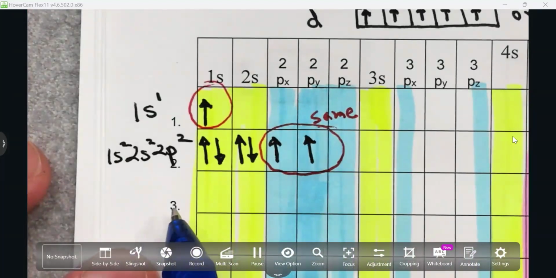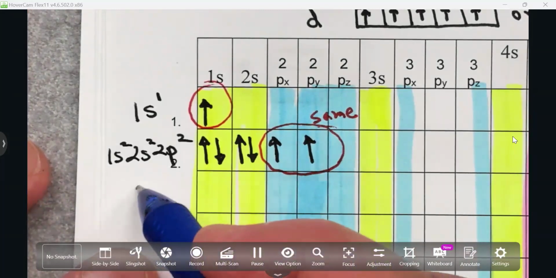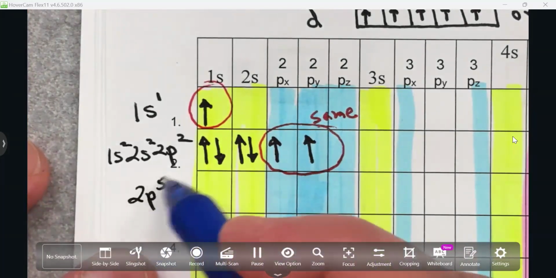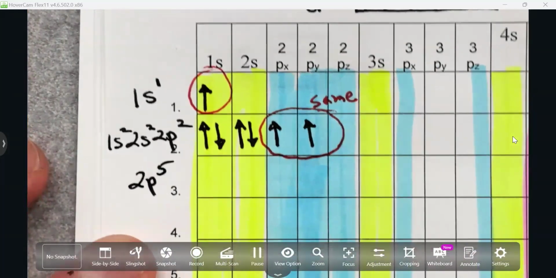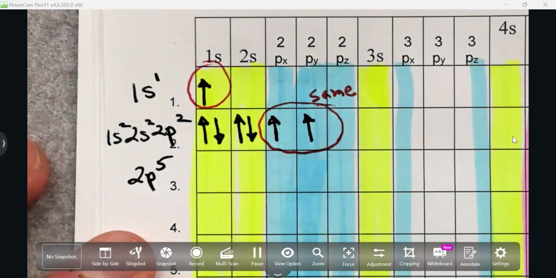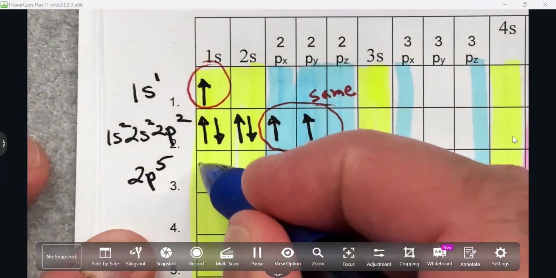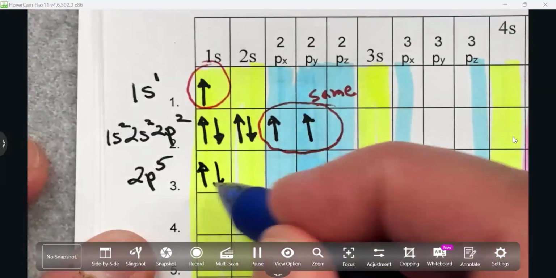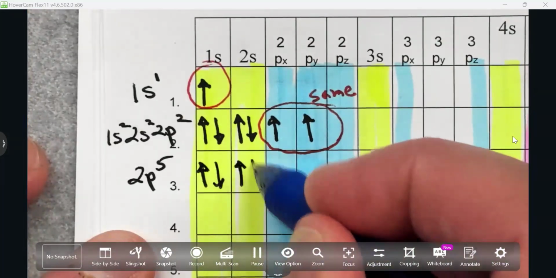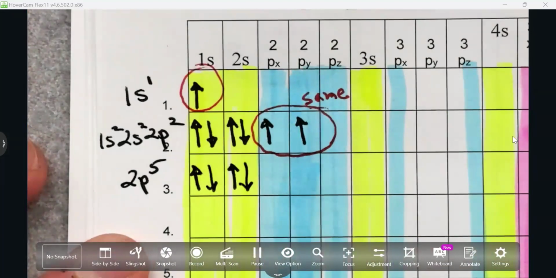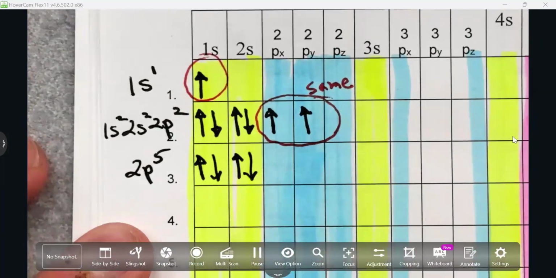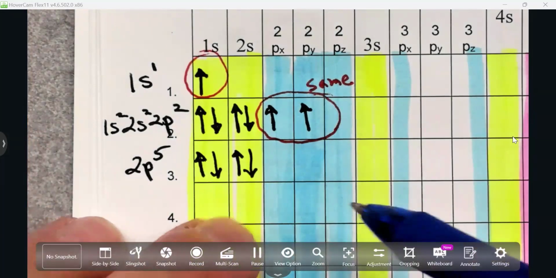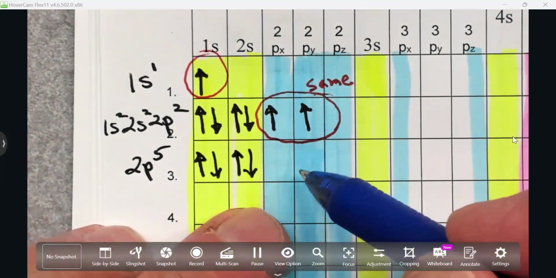My electron configuration for the next one ends in 2p5. So if this ends in 2p5, I would have 1s2, 2s2. Now I need 2p5.